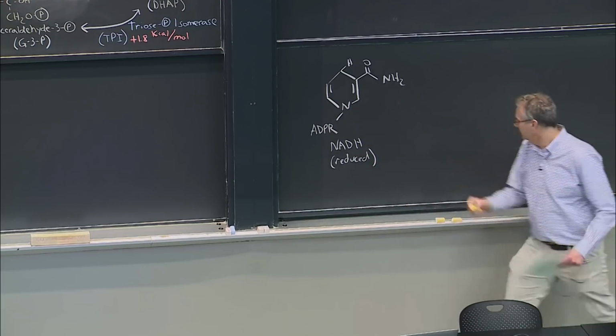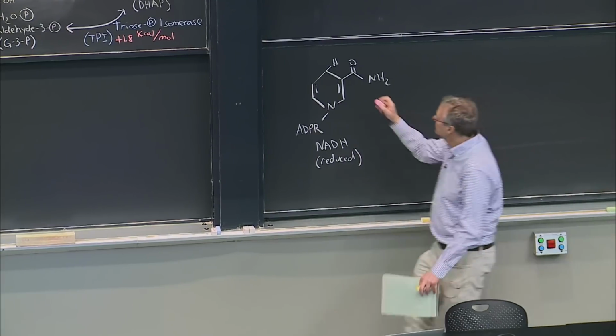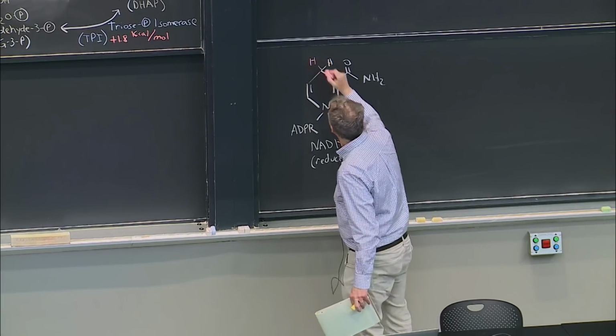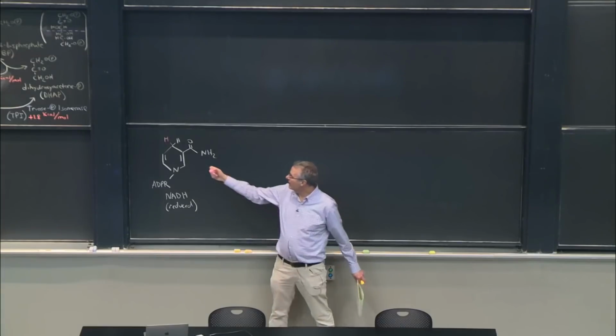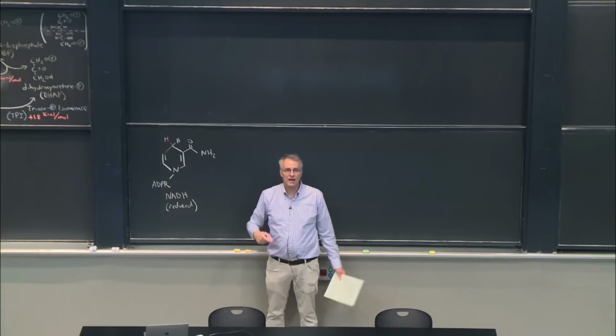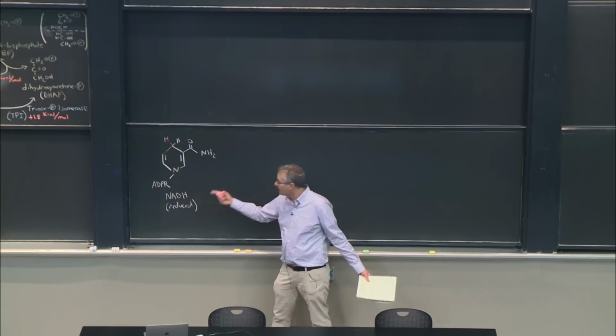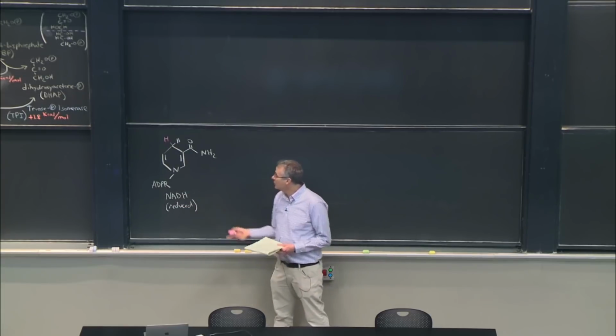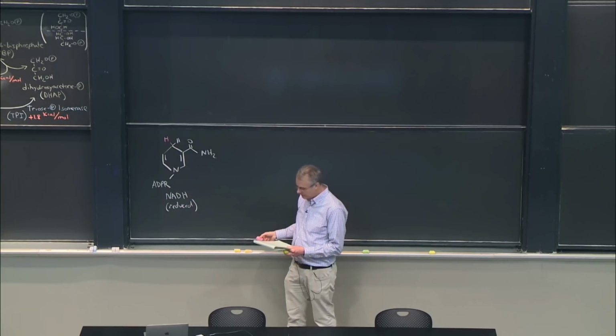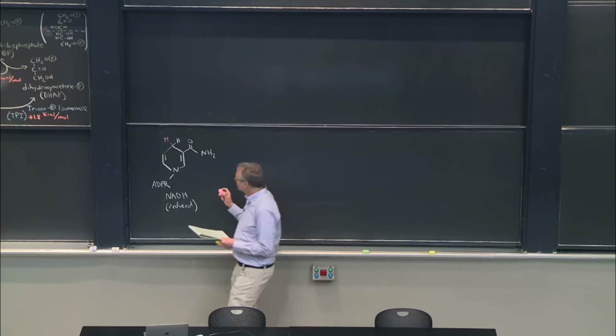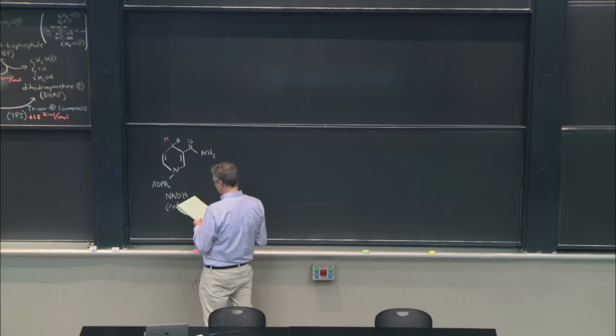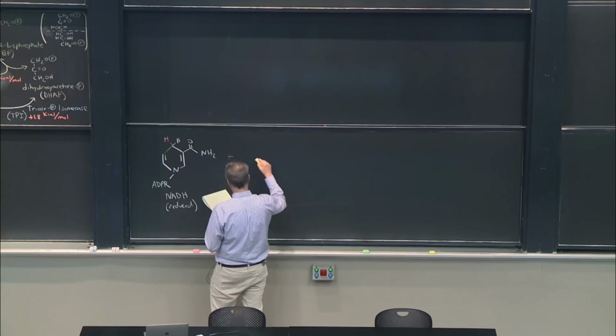Okay, so this is the nicotinamide group. Remember, it's hooked up to an ADP ribose to give nicotinamide adenine dinucleotide in the reduced form. Okay, so this can transfer electrons to pyruvate.